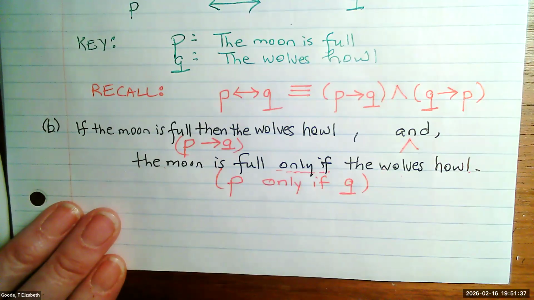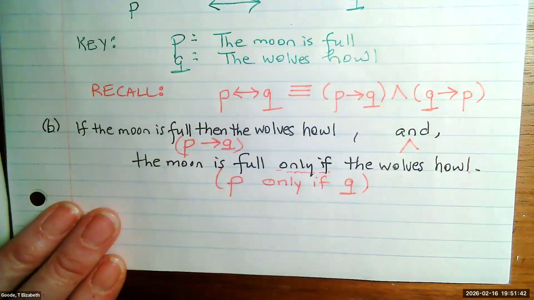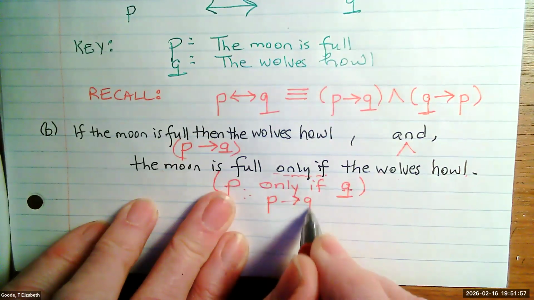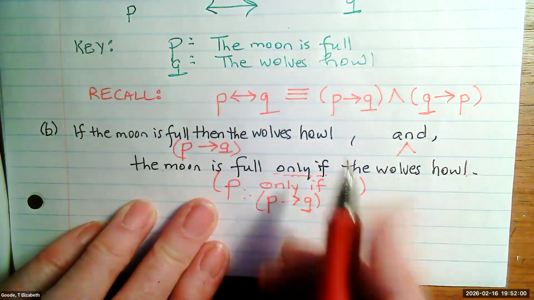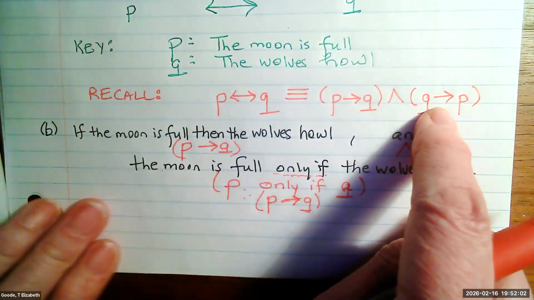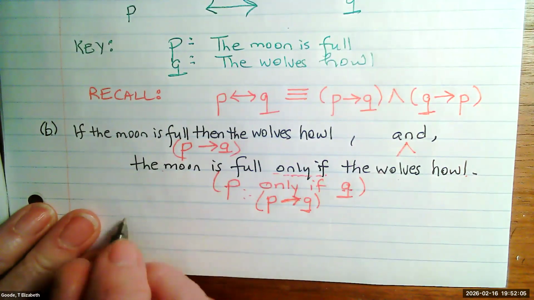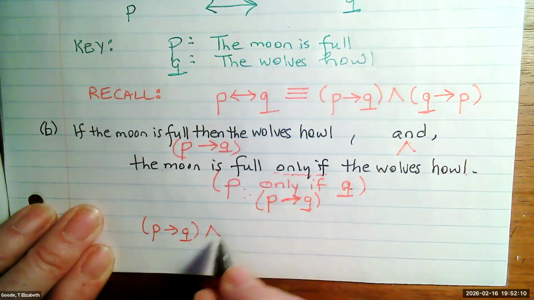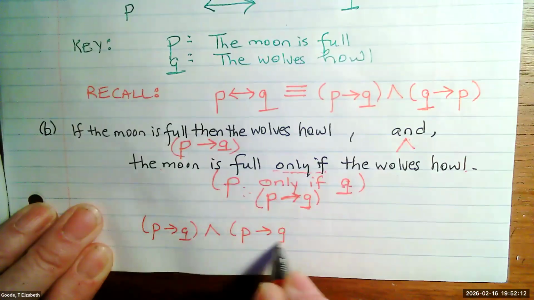So P only if Q means the same thing as if P then Q. So P only if Q, this actually means if P then Q. It doesn't mean if Q then P. So what statement B gives us is we have if P then Q and, well, we have if P then Q again.